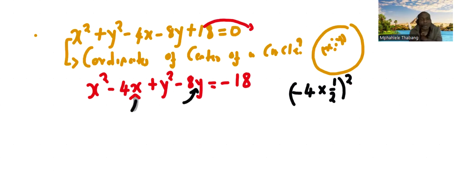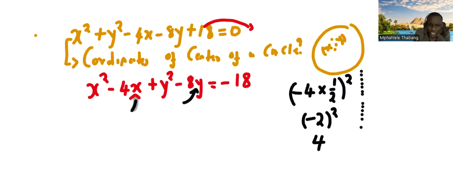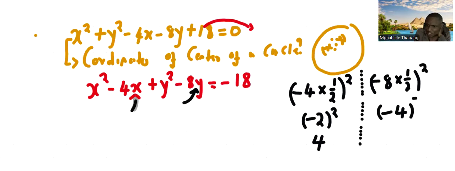So I'm going to have minus 4 times half squared, which is minus 2 squared. My answer is 4. Do the same thing to the coefficient of y, which is negative 8. Take negative 8, multiply it by 1 over 2, and then you square it, which becomes minus 4 squared, which is 16. So these two values, 4 and 16, are going to be very important.